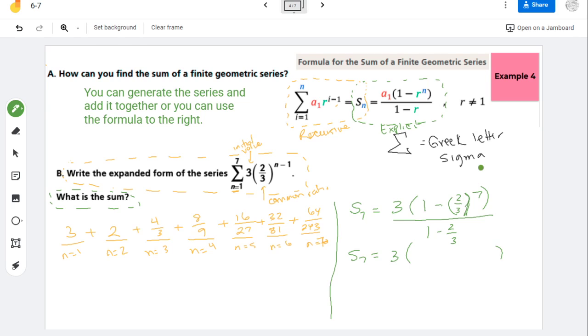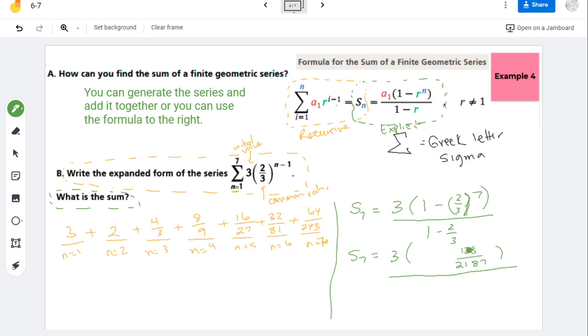So now let's simplify this. So first I'm going to take the 2/3 and raise it to the 7th power. 2 to the 7th is 128. And 3 to the 7th is 2,187.